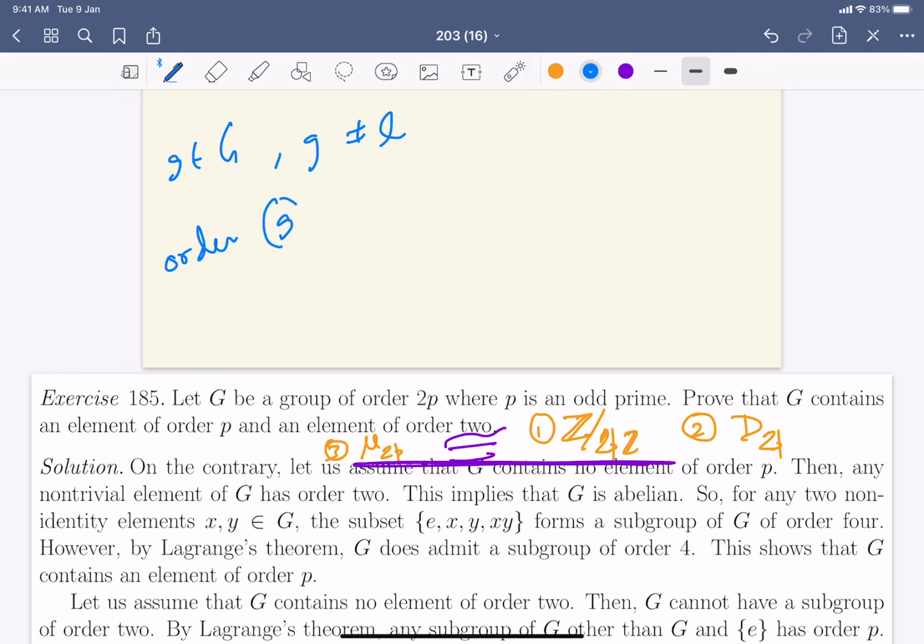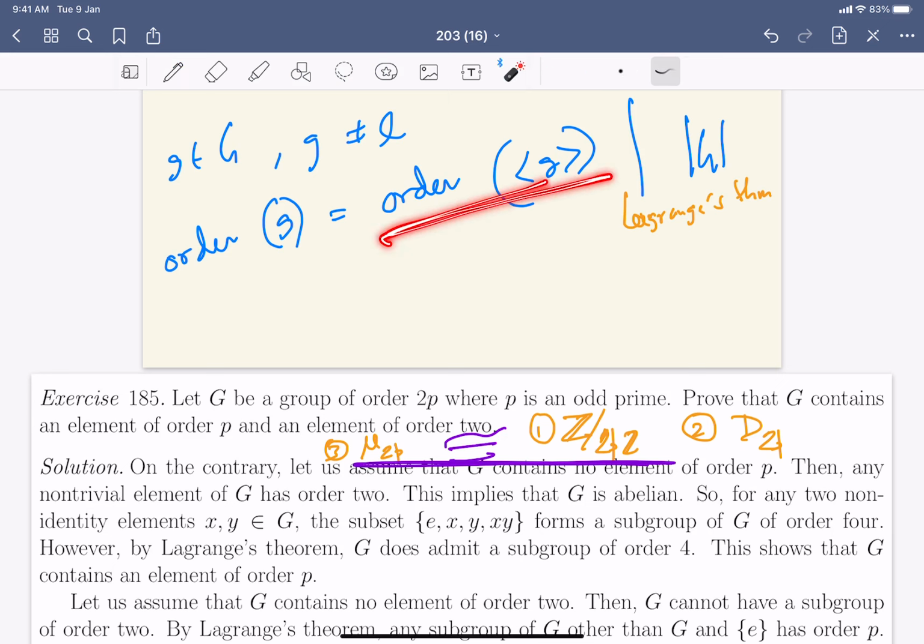So you know that the order of g is equal to the order of the subgroup of the group G generated by g, and by Lagrange's theorem this divides the order of G. Then what are the possibilities for this order?